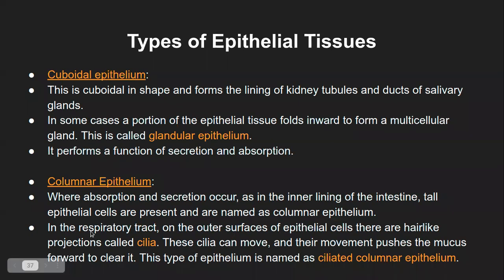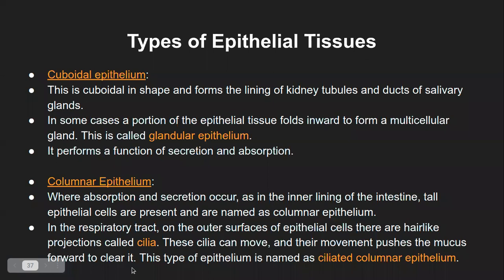In the respiratory tract as well, the outer surface of the epithelial cells has hair-like projections called cilia. This I already explained, that some epithelial tissue has a specialized function of having hair-like projections, called cilia, on the innermost surface of the epithelium. Because these cilia can move, the food or the air that is going through this pipe-like structure is aided by the cilia, and their movement pushes the mucus forward to clear it.